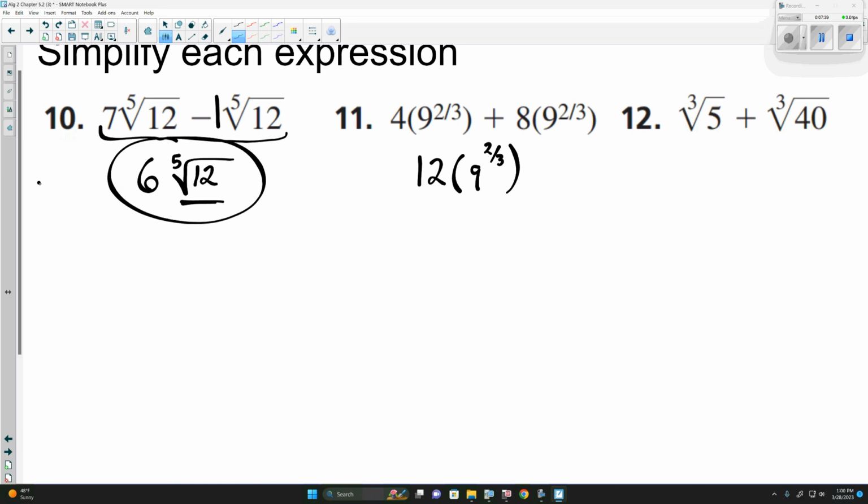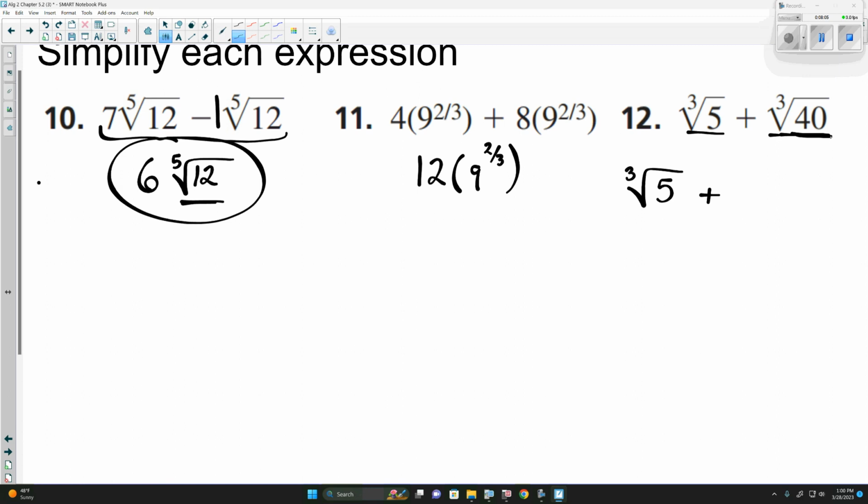Number 12. So if they're not the same, we need to try to make them be the same. So the cubed root of 5 is fine. We need to rewrite the cubed root of 40, or simplify the cubed root of 40, so that we have a number times the cubed root of 5. Yes? So what we're really trying to find is the perfect cubed factor of 40.